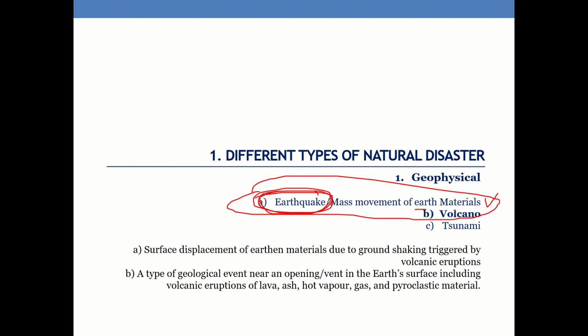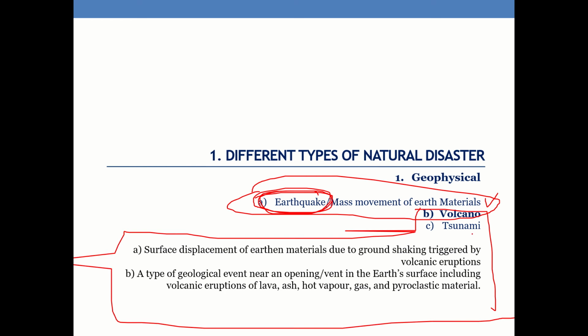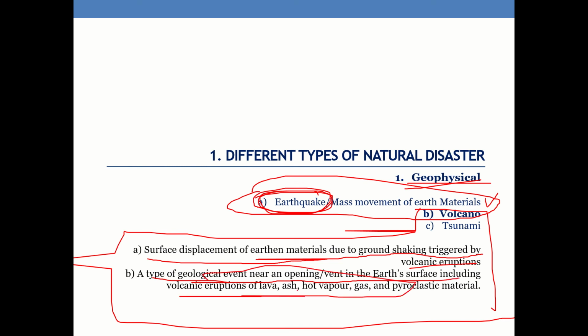Other things which are not discussed in your syllabus are just highlighted here. Volcanoes are another type of geophysical disaster: surface displacement of earthen materials due to ground shaking triggered by volcanic eruptions, or a type of geological event near an opening of the earth's surface, including volcanic eruptions, lava, and other things.